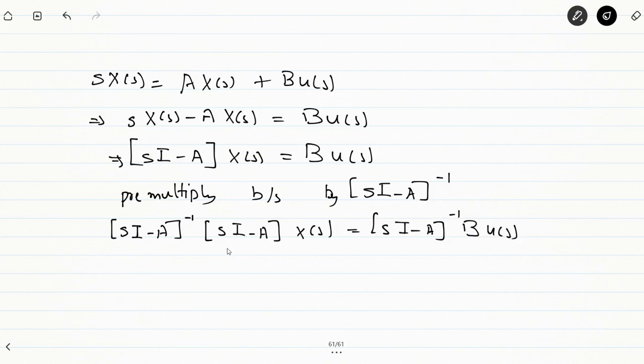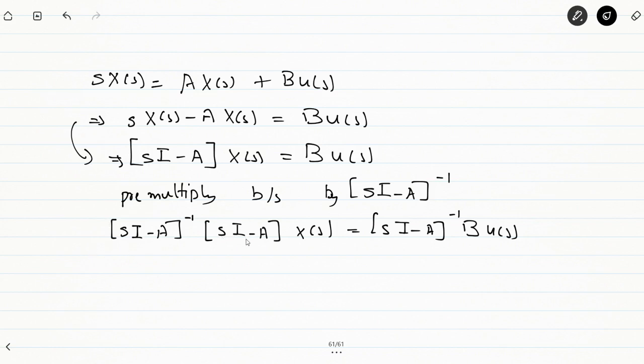Since matrix algebra is not commutative, we need to keep in mind that when we took X(s) common, it has to be post-common, it cannot be pre-common to (sI minus A). And similarly here, we are pre-multiplying by (sI minus A) inverse.